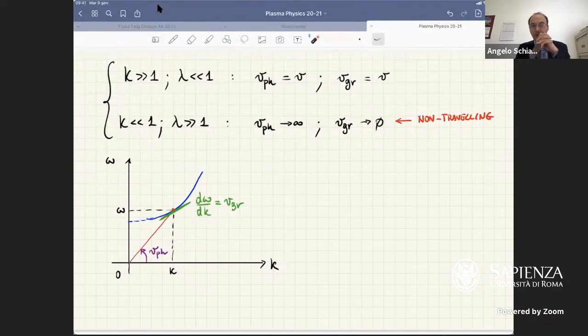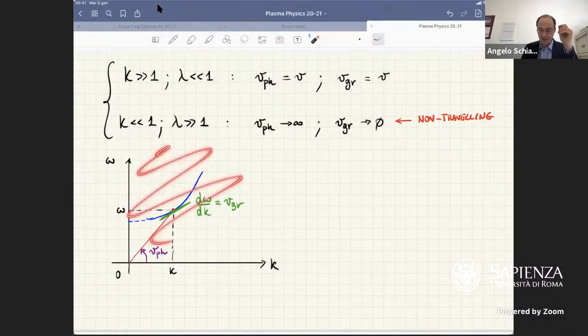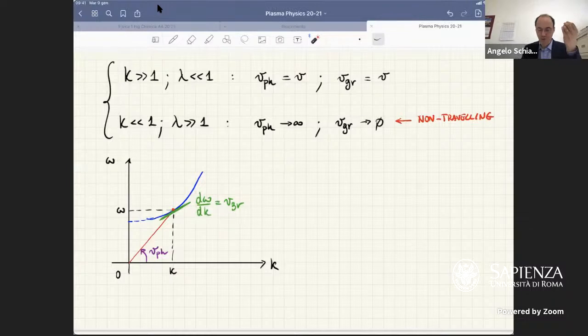An important point was that in this space, the points that are solutions to the wave equation are described by a curve, a curve in omega-k space, which is called the dispersion relation.